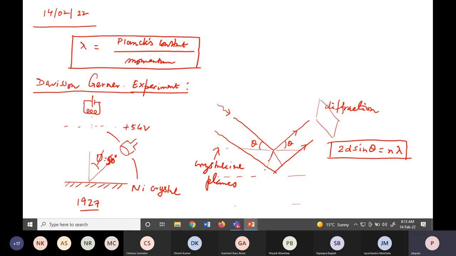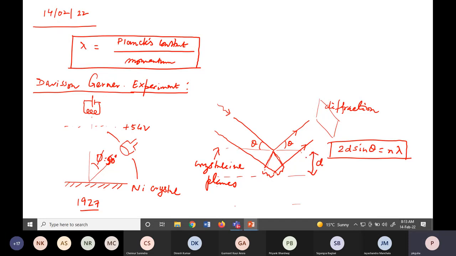If you take a perpendicular like this, and if this is d, the distance between two adjacent crystalline planes, and this is the perpendicular from this point, then this is the additional path of the second ray compared to the first ray.